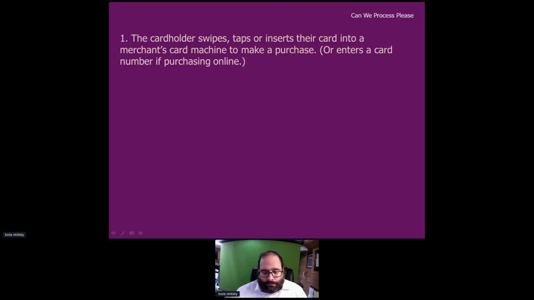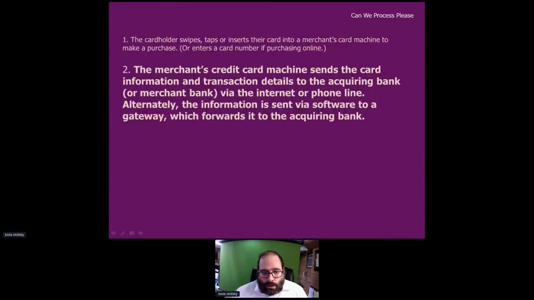That's step number 1. Step number 2 is the merchant's credit card machine or the merchant software developed by a fine VFP programmer sends this card information to the acquiring bank via the internet, or not so much anymore, but it could still be by phone line.